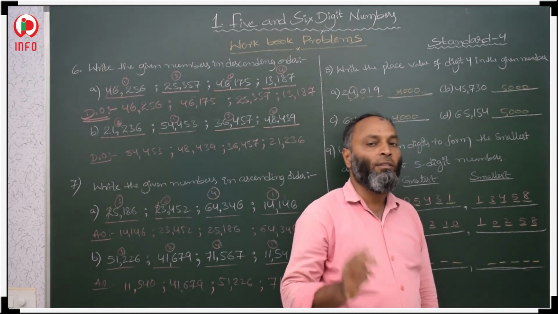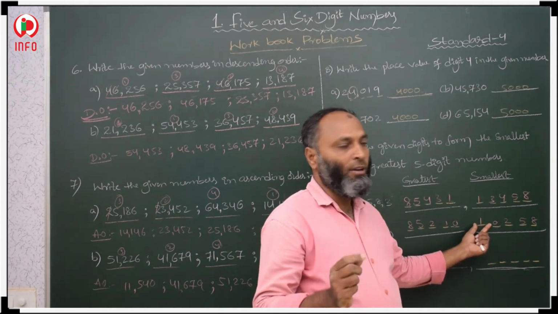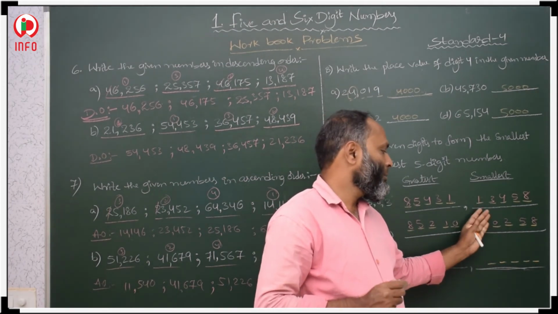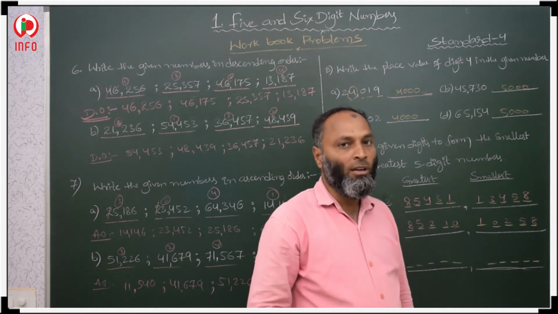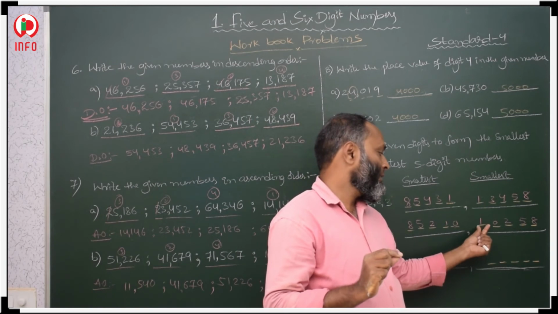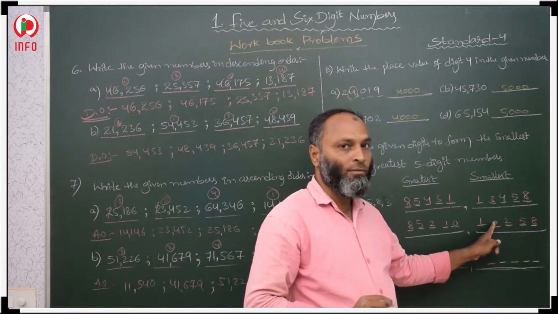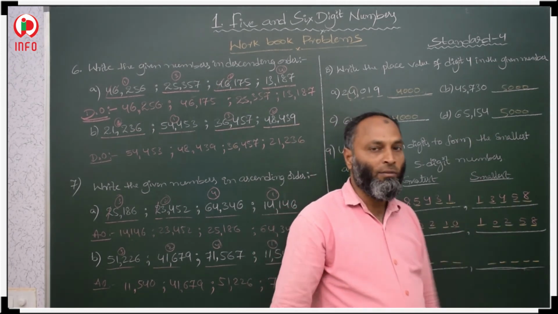That is why, when 0 comes, don't take 0 at the very beginning. But he is asking for a 5-digit number, so we keep the second smallest number first, after that you keep 0, and the remaining in order.